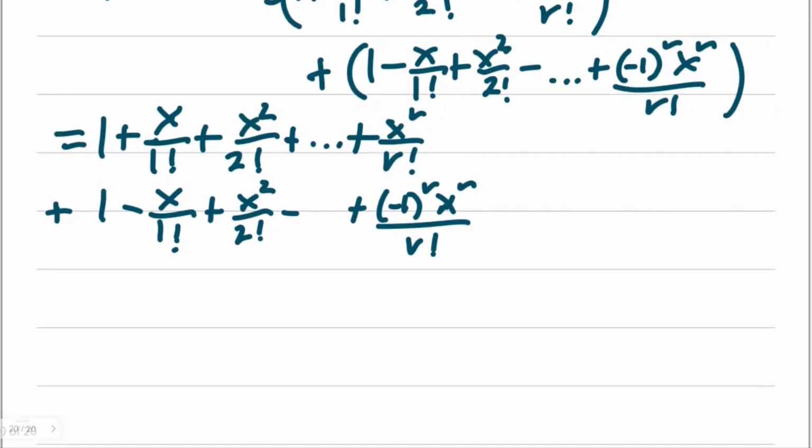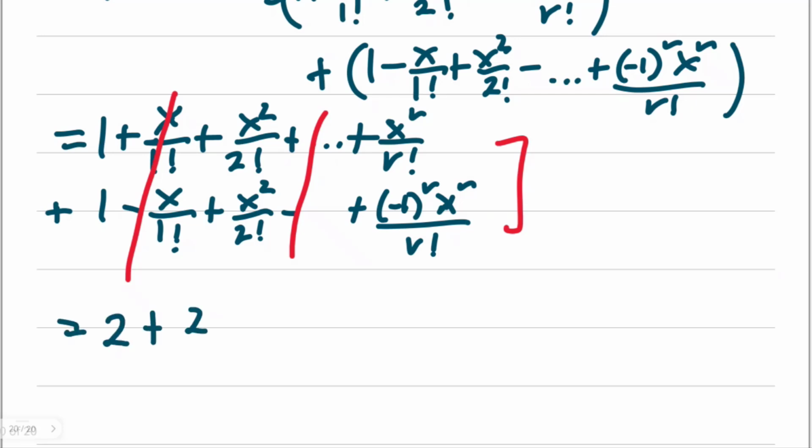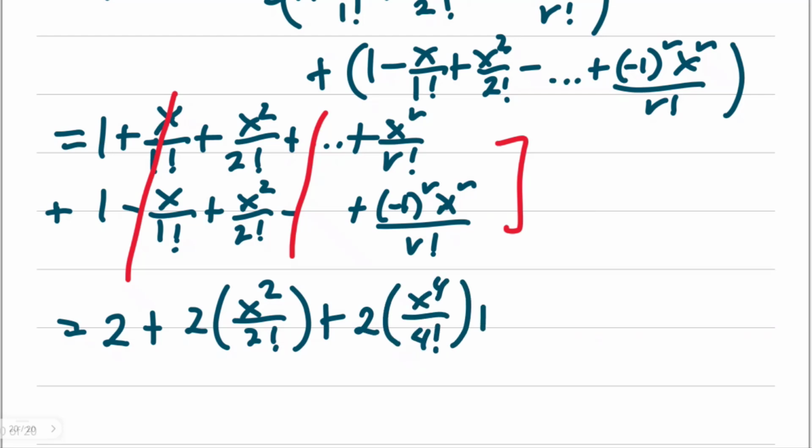With that, look at the possibilities of cancellation. All the terms here with opposite sign will be cancelled. We don't know this yet, so we'll just stick to that. So we'll have here the form 2 plus twice x squared over 2 factorial plus, we're also expecting twice x to the power of 4 over 4 factorial and so on and so forth until you reach here. Since we don't know what r is, they may cancel, they may not. Let's simply leave it as it is.